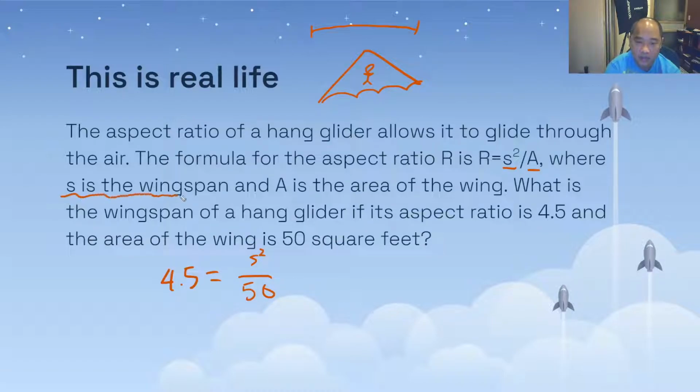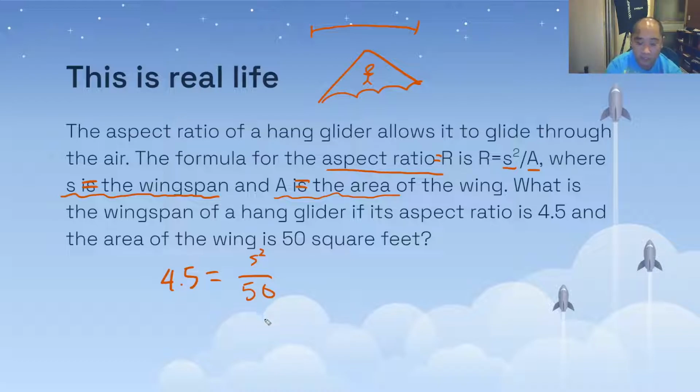S is the wingspan. A is the area. And R is the aspect ratio. So there are our three variables.